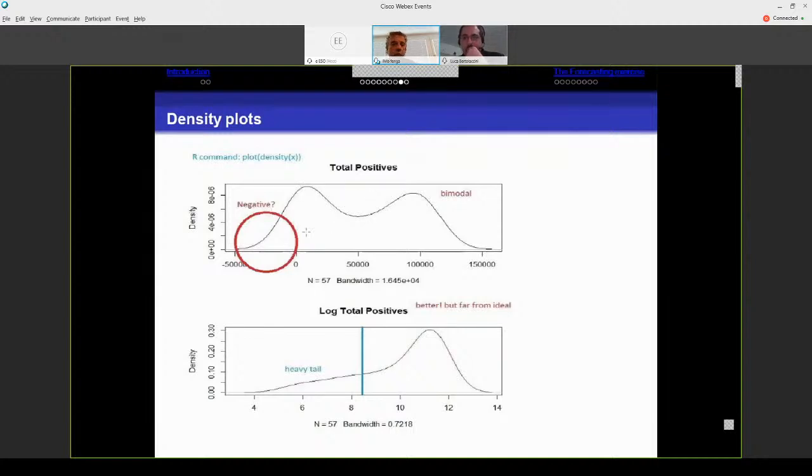Suppose that I want to plot the density. What is the density? The density plot gives us the probability of a fact, for example COVID positive patients at 2,400, or 400,000, or whatever.